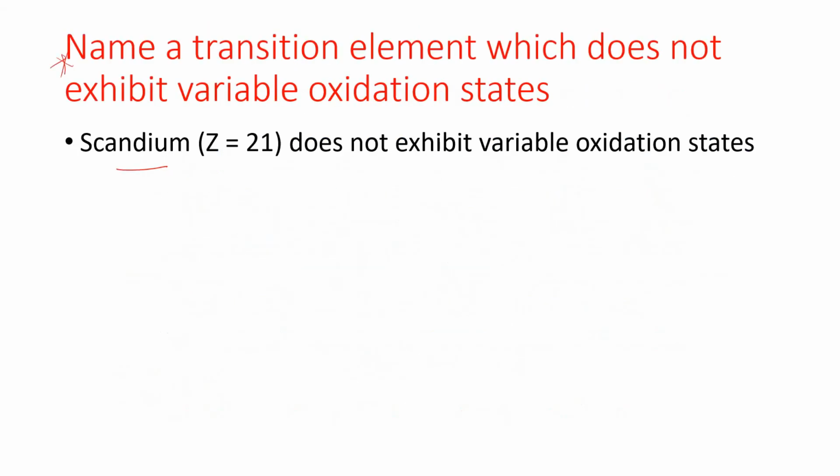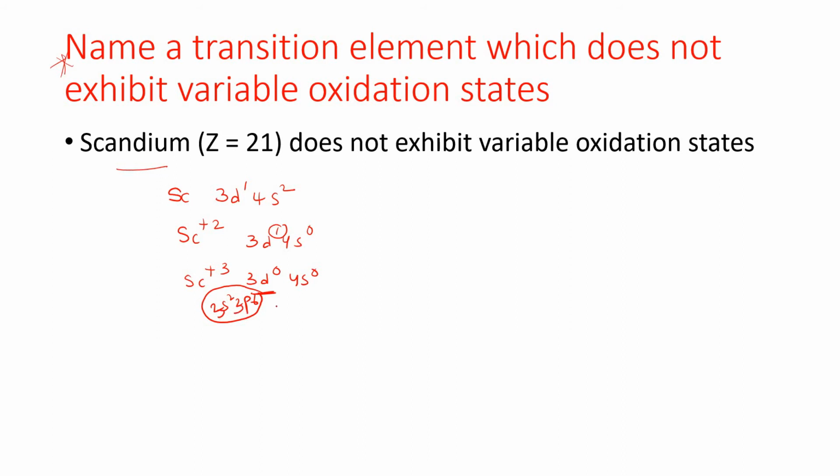What should be the reason? See, scandium I have taken: 3d1 4s2. Now first of all, scandium +2 is 3d1 4s0. This is possible. Again if you lose this electron, scandium +3 is 3d0 4s0. Now before 3d, what is the configuration? It will have 3s2, 3p6, then we get 3d0 and 4s0.